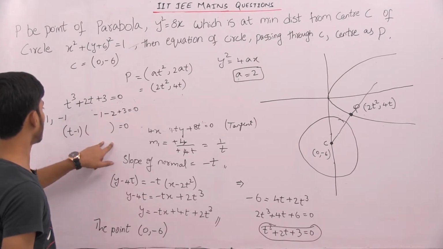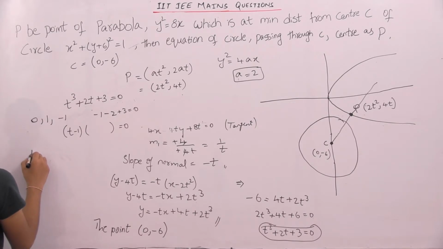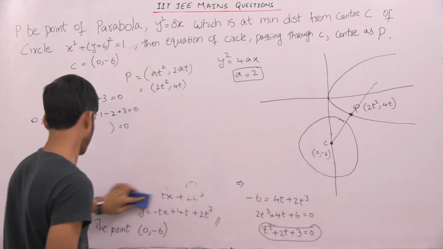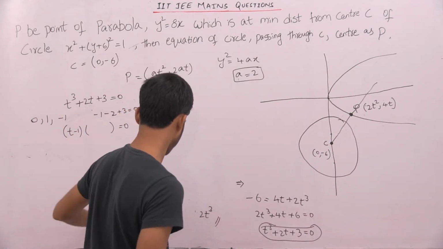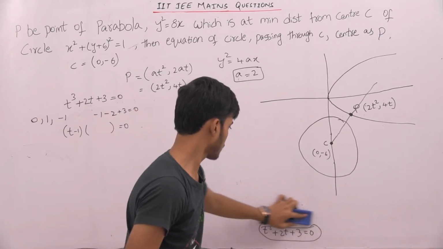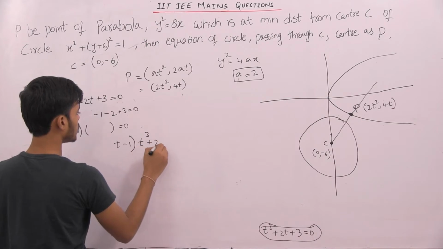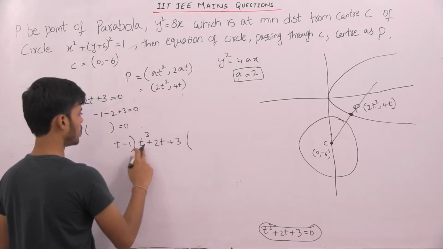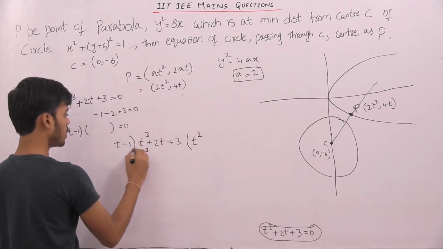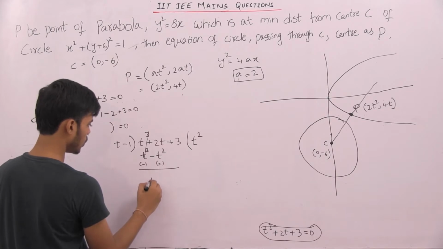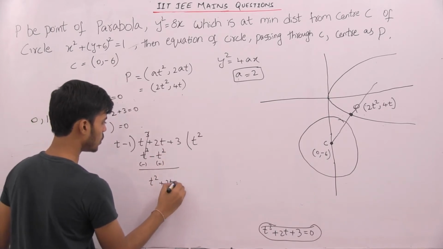Now we have to find the other factor. Dividing t cube plus 2t plus 3 by t minus 1: t square gives us t cube minus t square, then minus and plus cancel, bringing down the remaining terms, plus 2t plus 3.